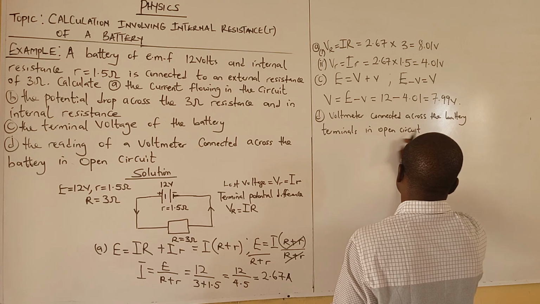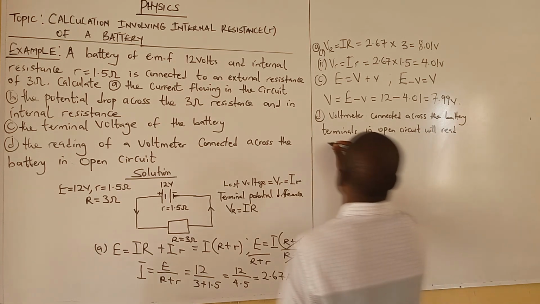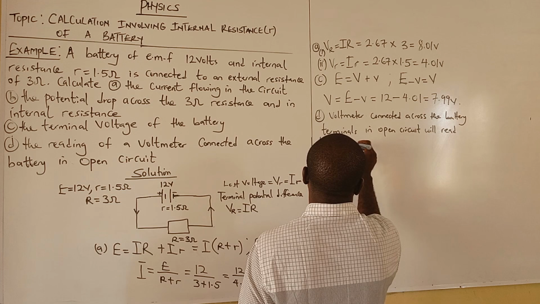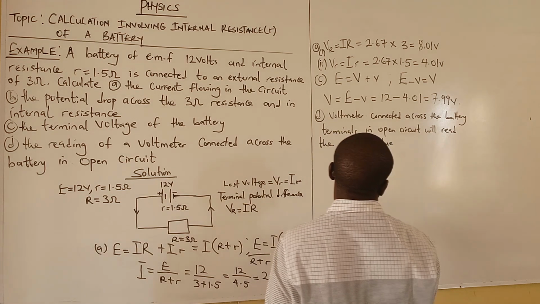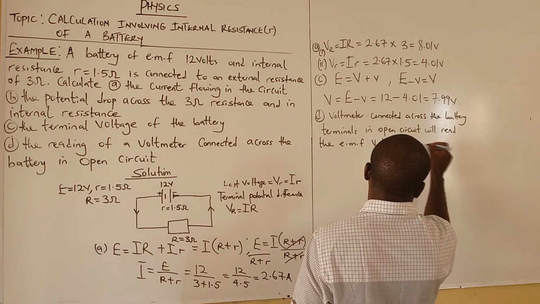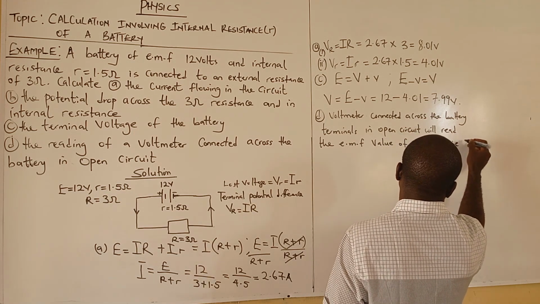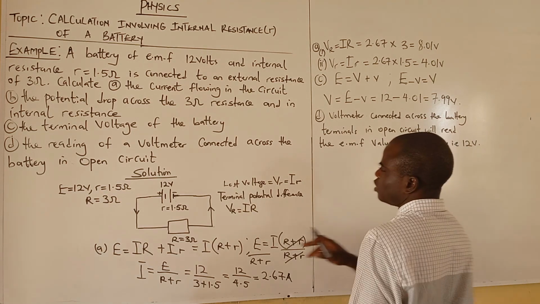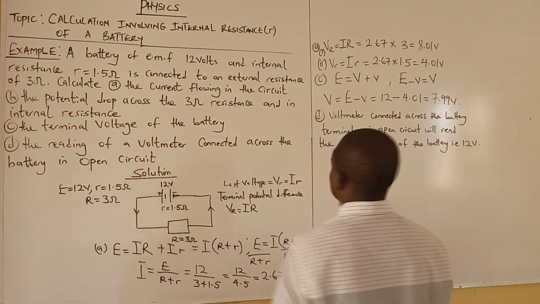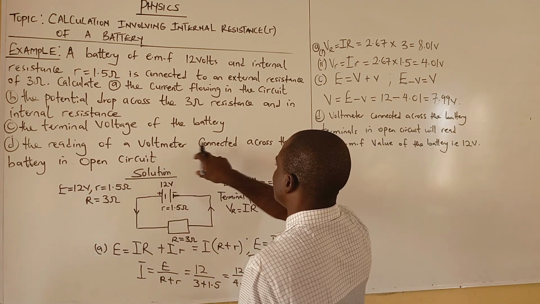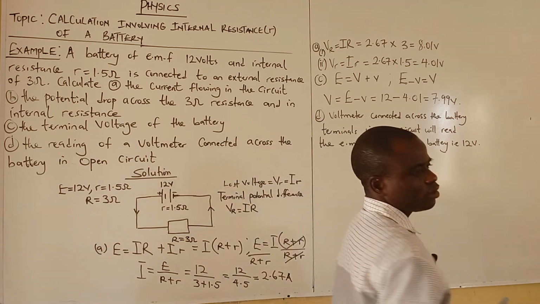In open circuit, that's what it means, we read the EMF value of the battery, that is 12 volts. So the voltmeter reads the EMF of the battery when it's not connected to the external resistance.